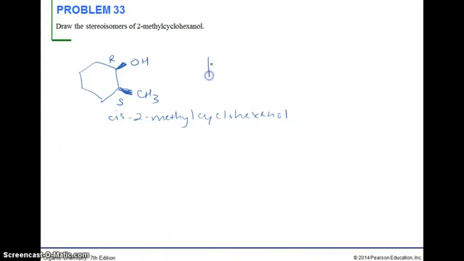So we can also do this, where this carbon is an R and this one is an S. Both of these are cis 2-methyl-cyclohexanol.